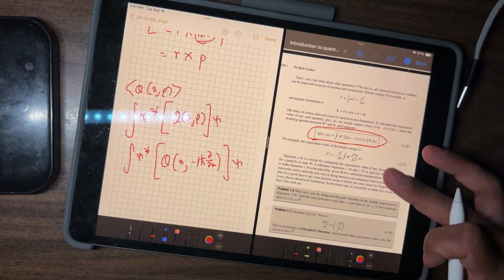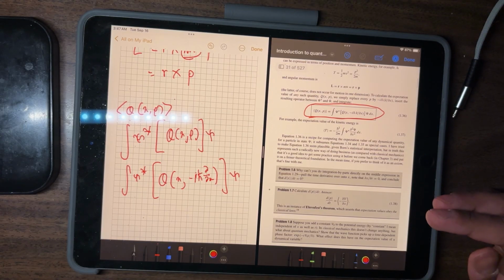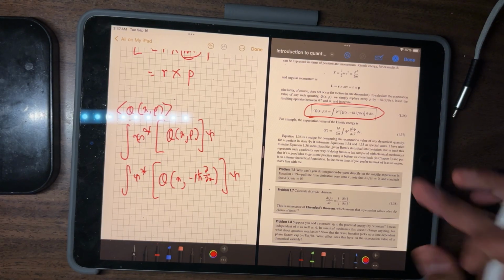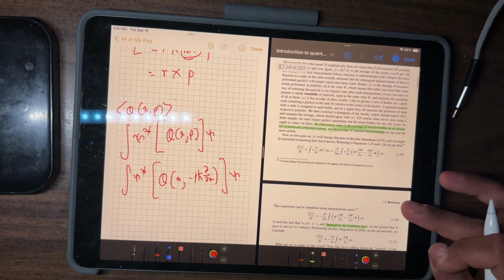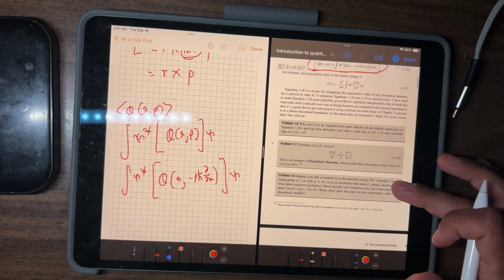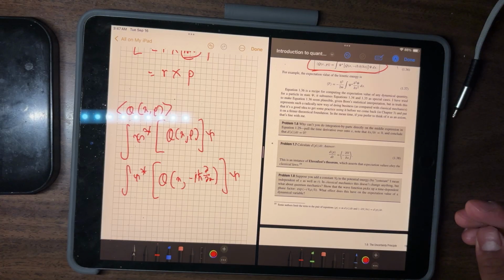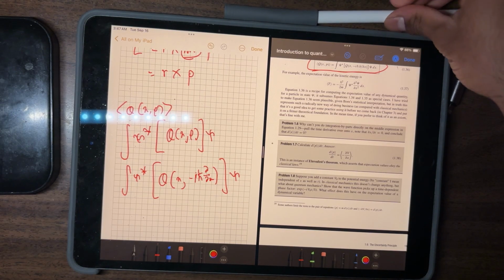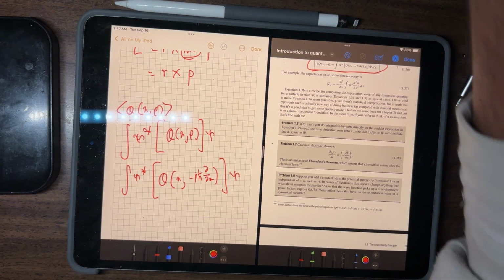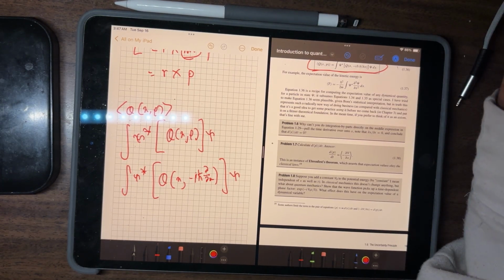Why can't you do an integration by parts directly on the middle of the expression in equation 1.29? Problems 1.6, 1.7, and 1.8.